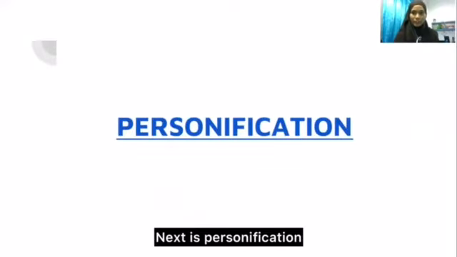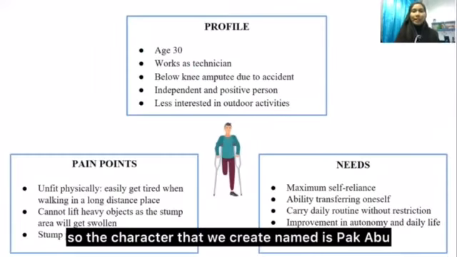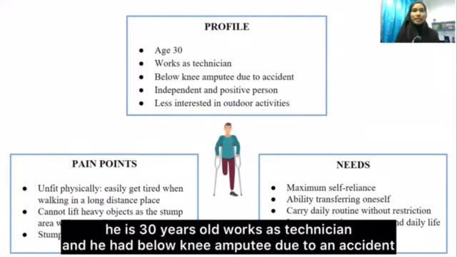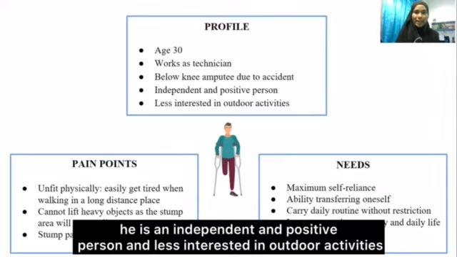Next is personification. The character that we created is named Pak Abu. He is 30 years old, works as a technician, and has a below-knee amputation due to an accident. He is an independent and positive person and less interested in outdoor activities.